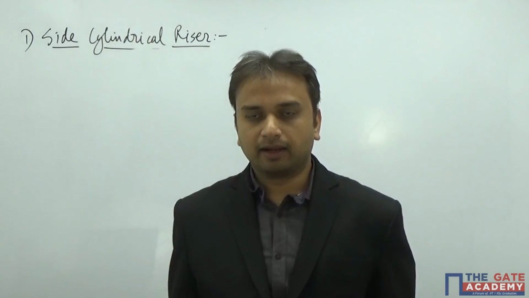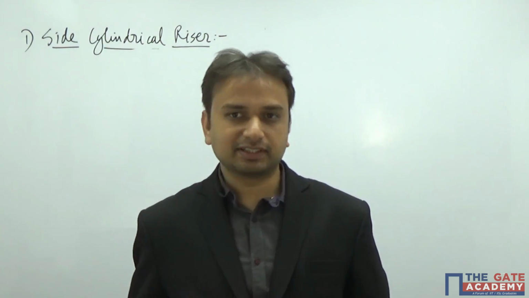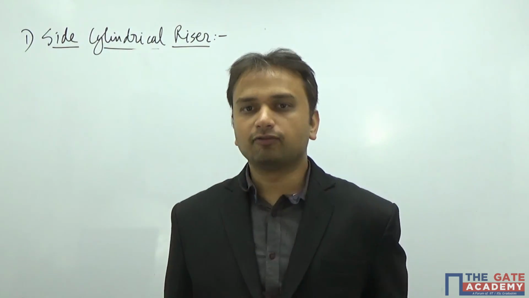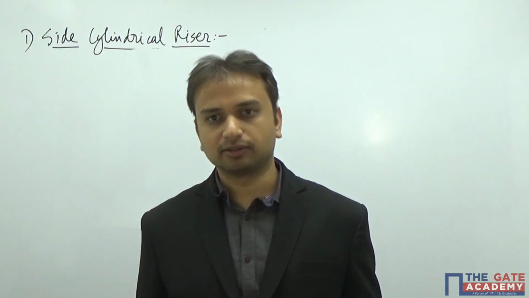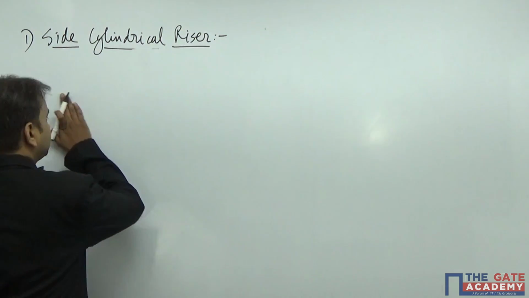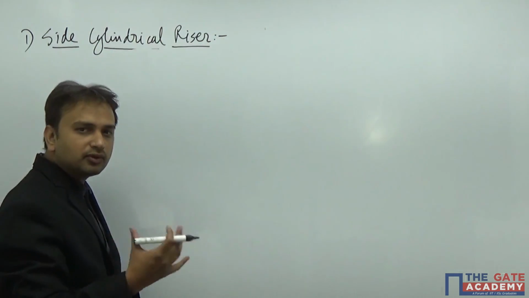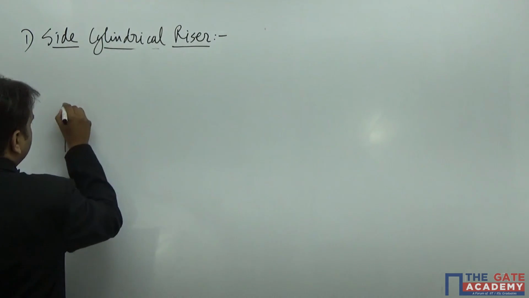All right, friends. So after discussing the top cylindrical riser, now it's time to discuss the side cylindrical riser, and we are going to perform the exact same thing that we did for the top cylindrical riser. Let me show you how it would look. For side cylindrical riser, the diagram can be made like this.